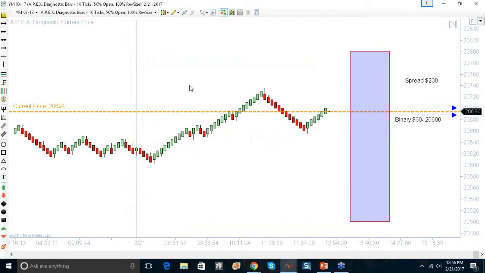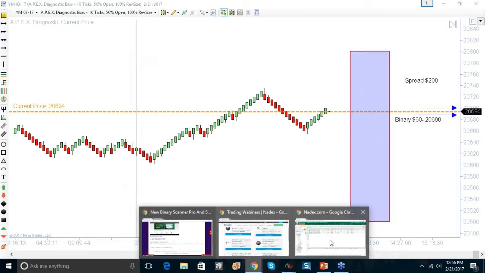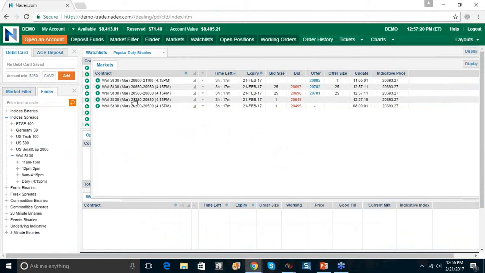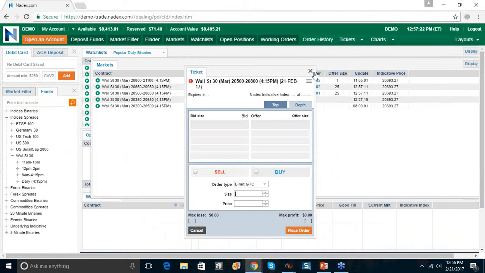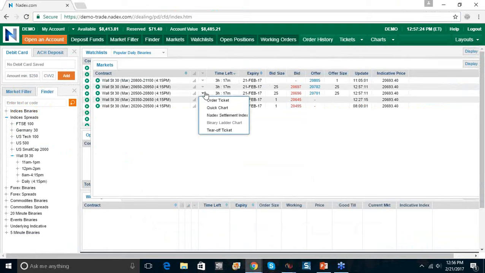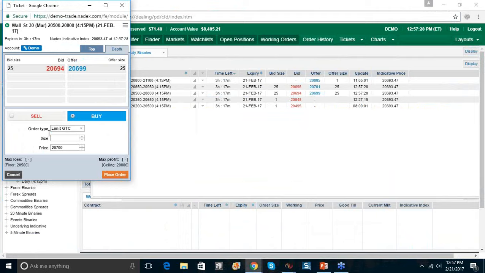So just from an initial emotional standpoint, what are we looking at? We see a Nadex ticket right here. Let's tear this ticket off. We see this ticket that we're looking to enter a spread with.